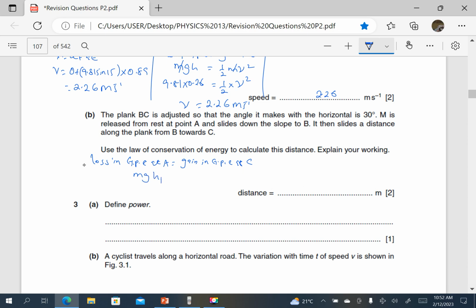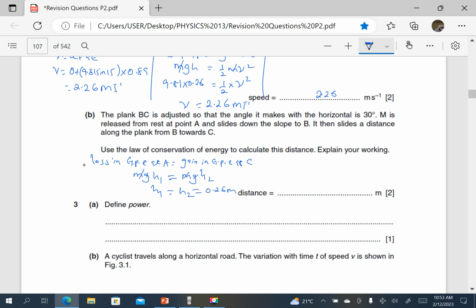Let's say the height is h1 because AB was not changed, but BC was changed. So the gain here is going to be mg times h2. Of course, mg cancels, g cancels. So do we notice that h1 is going to remain the same as h2? But remember, h1 did not change. h1 was 0.26. So this is going to be 0.26 meters.